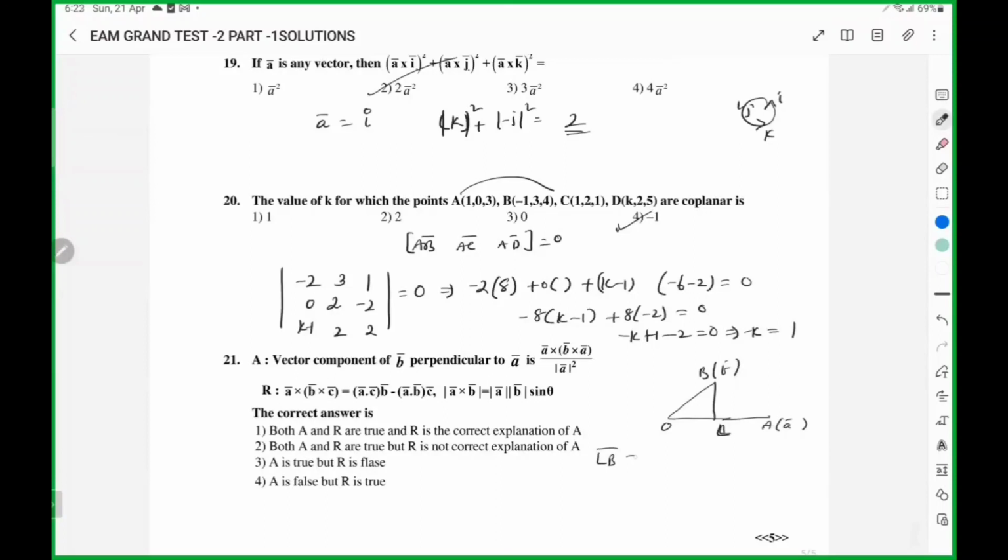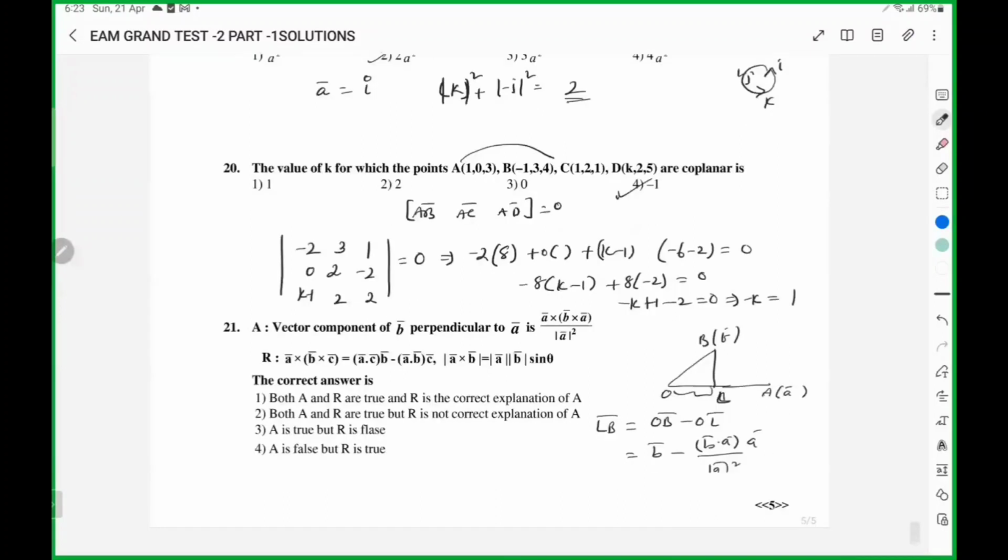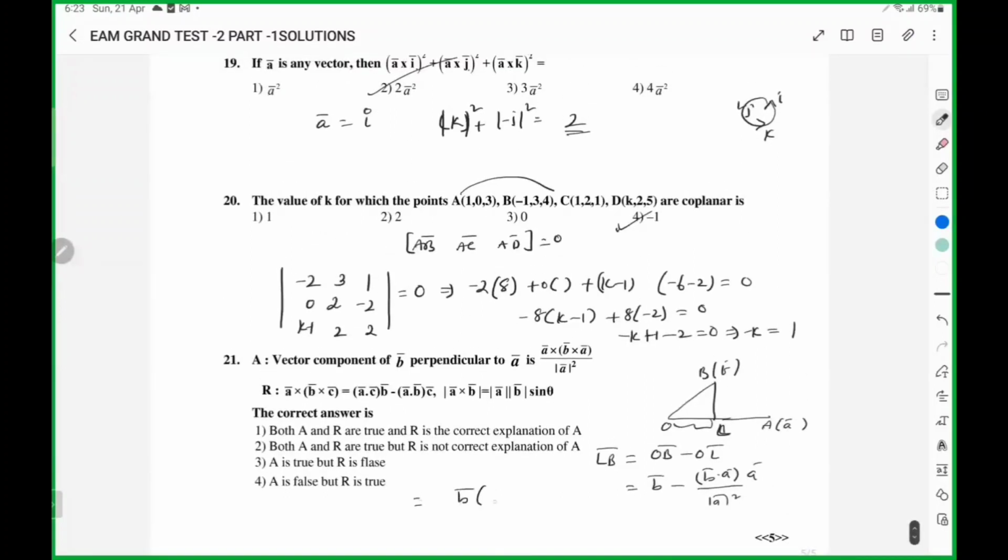That is LB bar, which is OB minus OL, where OL is the projection of B on A. So we can write it as B minus B dot A by mod A square times A, which is the same as A cross B cross A by mod A square.